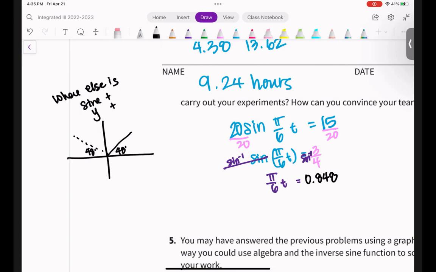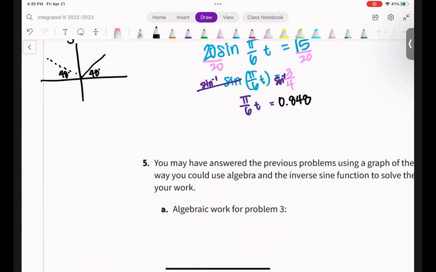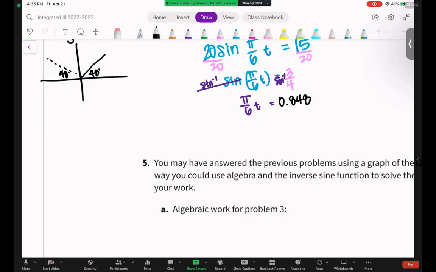But here, I'm going to be using radians. So just keep that in mind for now. Okay. So what do I do here? Trying to figure out how I want to show you this.